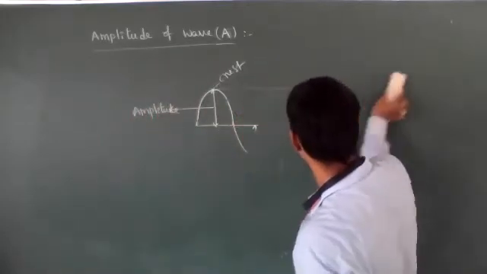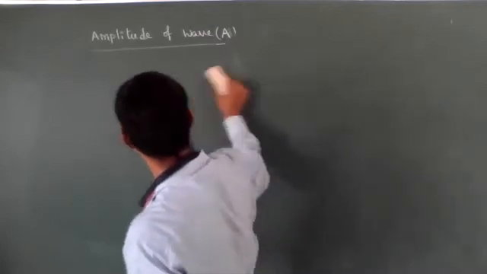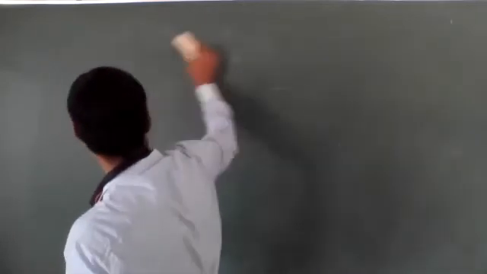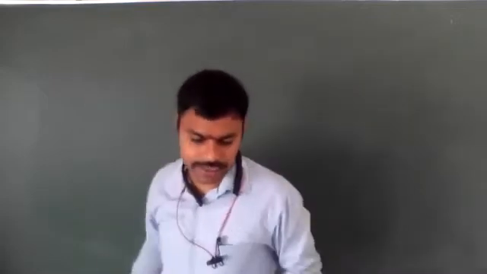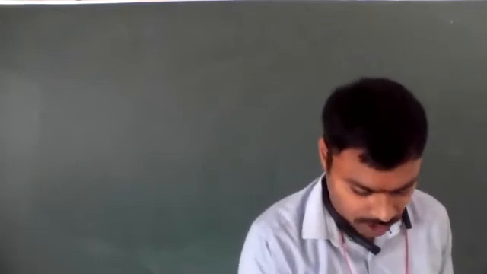These are the important characteristic properties of waves. Okay students, let's see what kind of questions are asked from these concepts or properties of waves. For example, let's see one question.